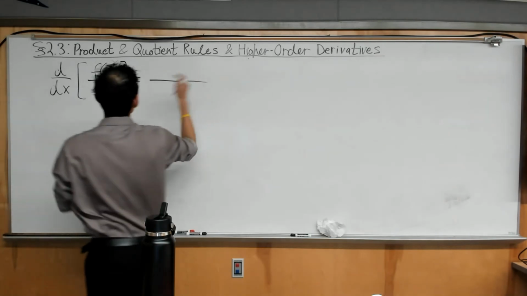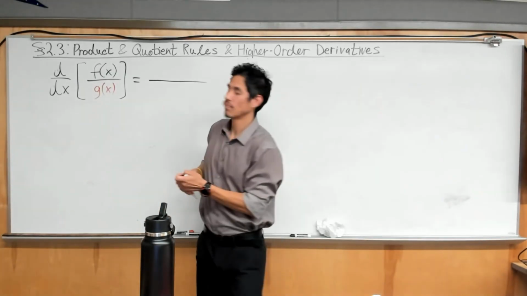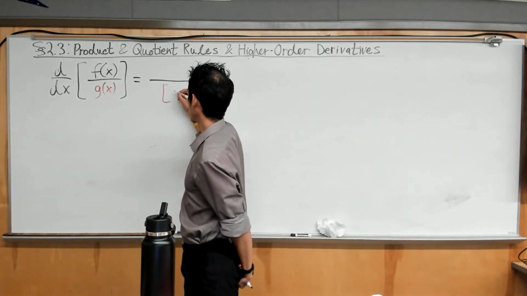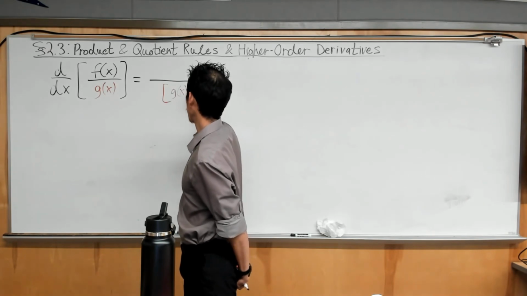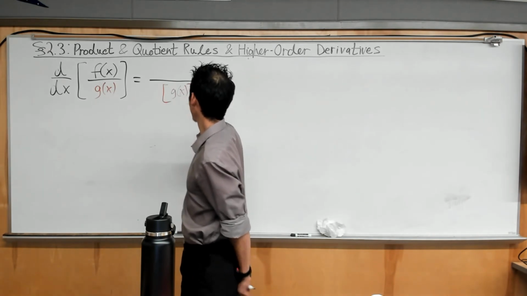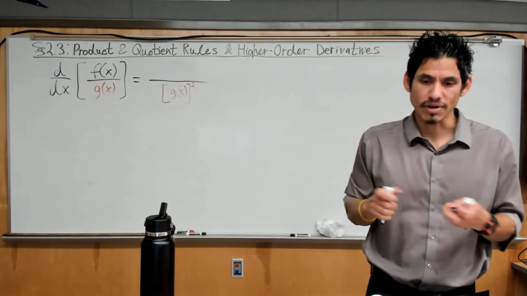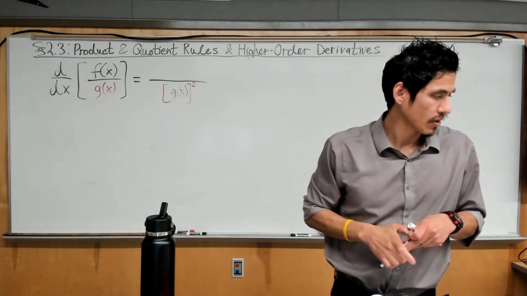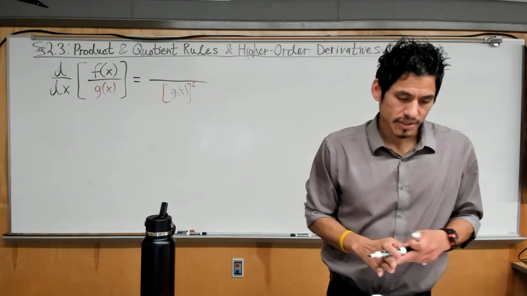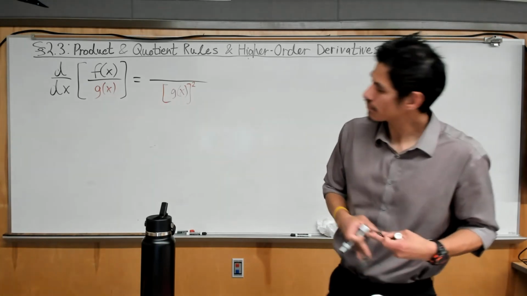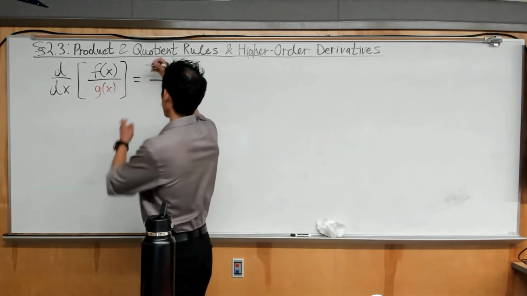This will be equal to the denominator function, g of x squared, in the denominator, on top. This is what you want to memorize, or there are different ways textbooks will write this. I like to just have this derivative come first.